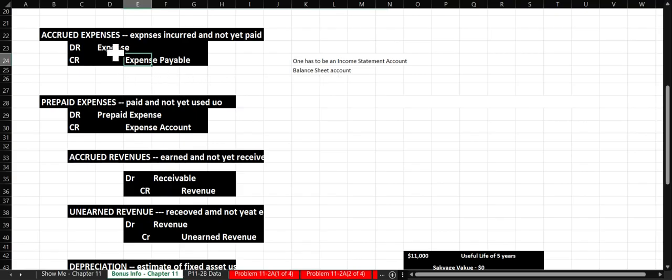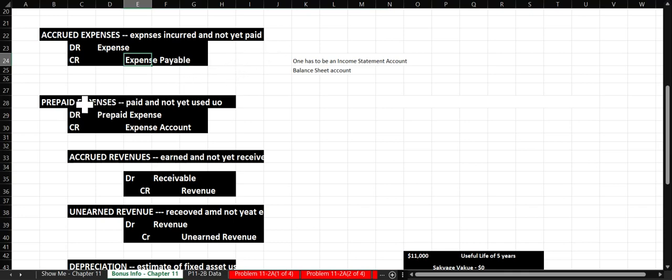And so at least you know that this conforms to that requirement or those requirements. Cash was not used because we're not paying for the expense at this point. We're simply ensuring that we capture the amount in the current period. So that's one type of adjusting entry: accrued expenses. Expenses that have occurred or have been incurred but not yet paid.